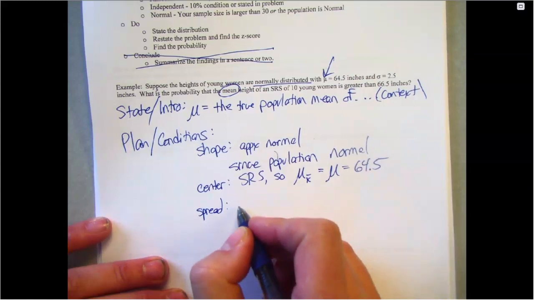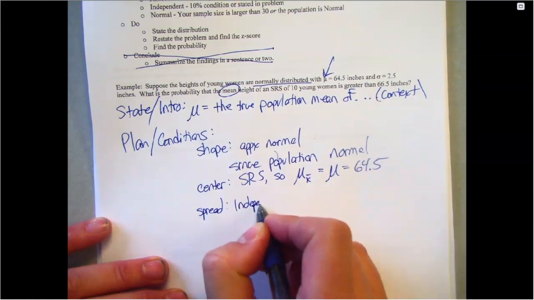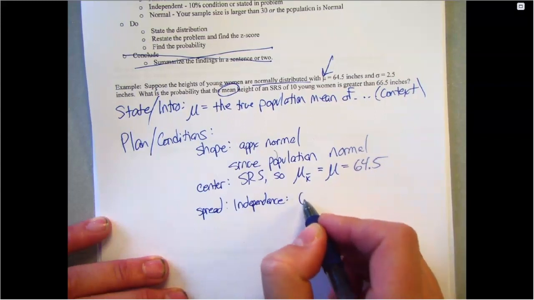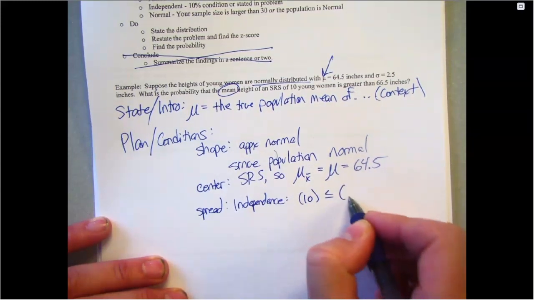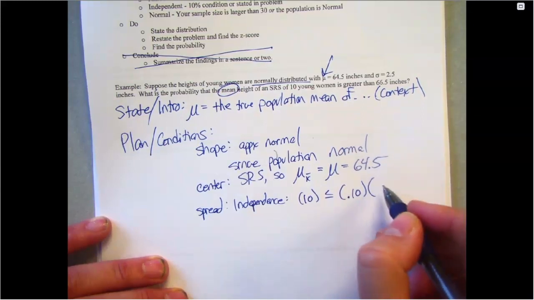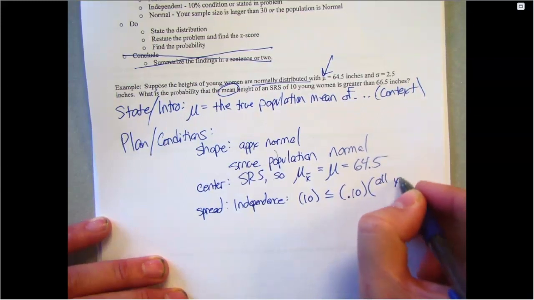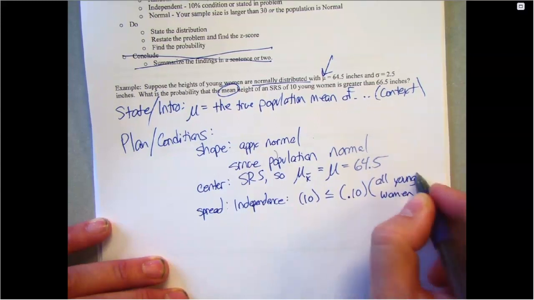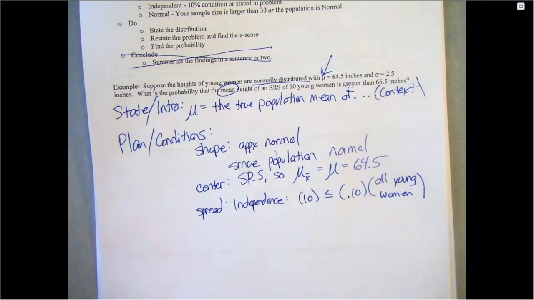So I'm looking for independence. Is 10 less than or equal to 10% of all young women? Someone say no. Is 10 less than 10% of all young women in history, world, ever, always? Eternity. Yes.